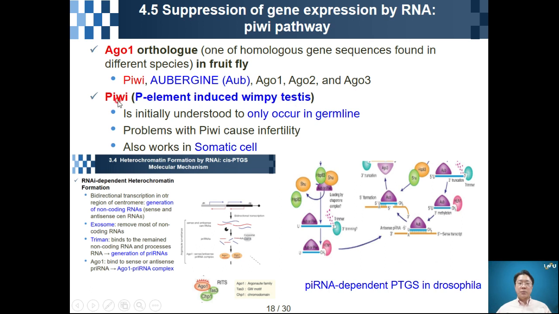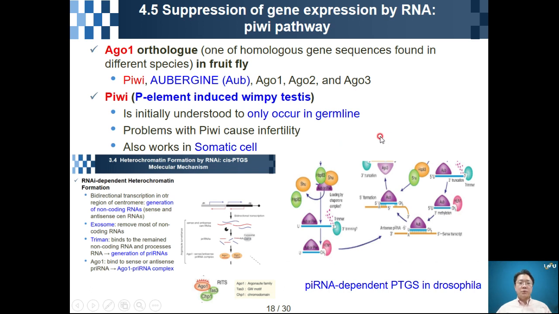Okay, PIWI was initially understood to occur only in germline cells, especially the testis or the egg. The reason is that a problem with PIWI causes infertility in male or female fruit flies.